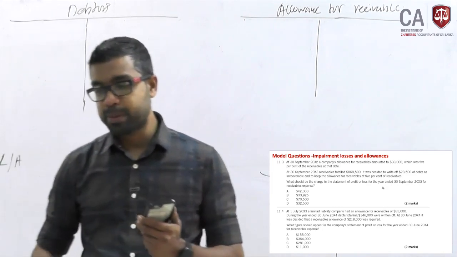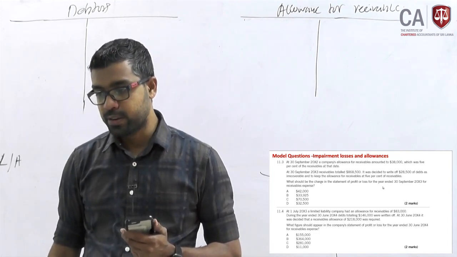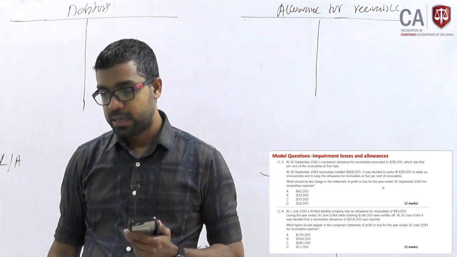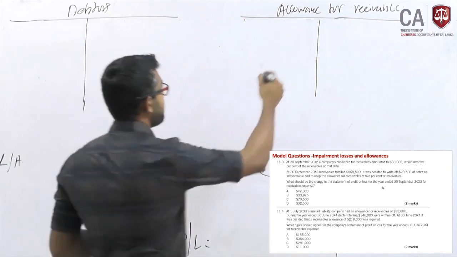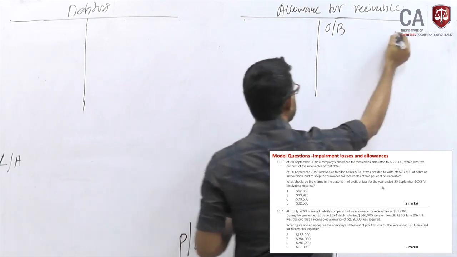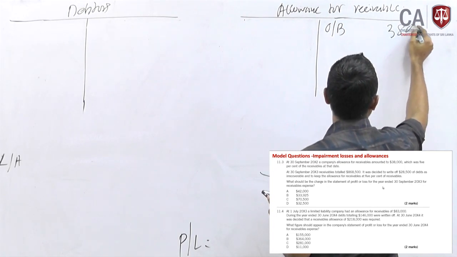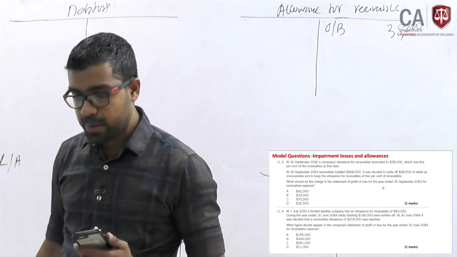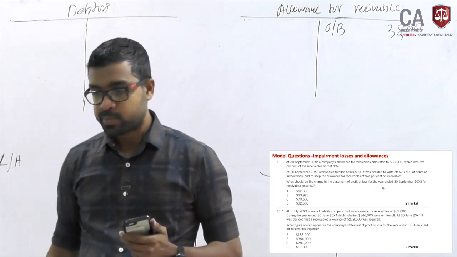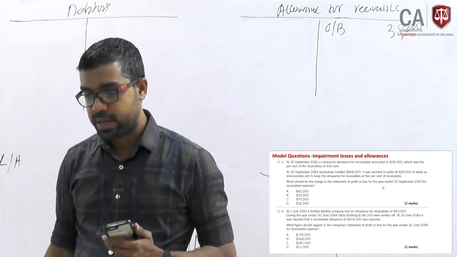At 30th September 2002, the company's allowance for receivable, the opening balance, was 38,000, which was 5% of the receivable at that date.